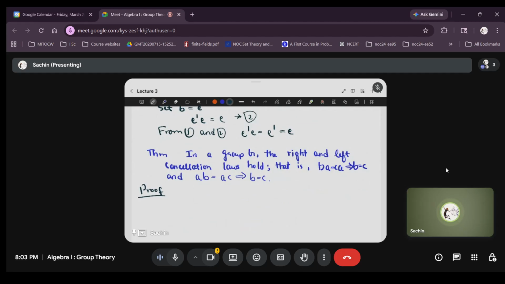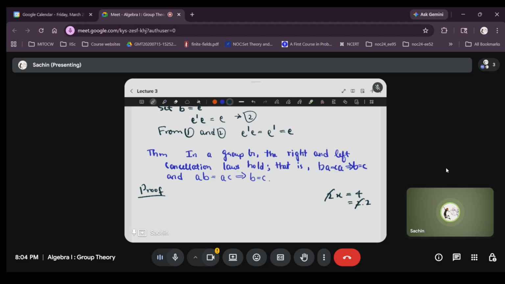We have this in school, we do it all the time, when we're just dealing with real numbers or integers. So if we have an equation like 2x is equal to 4, you can write it as 2 times 2, and we cancel out the 2 on both sides. That is called the left cancellation law because you're cancelling out terms on the left on both sides.